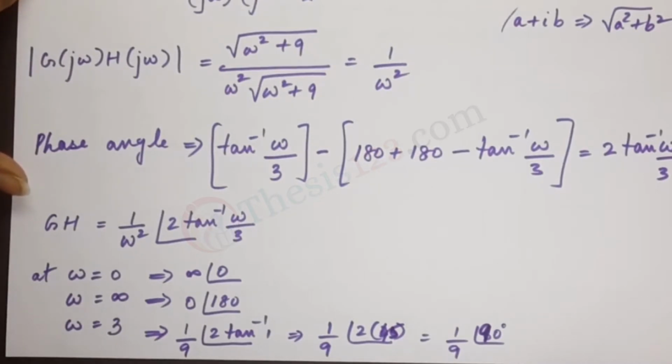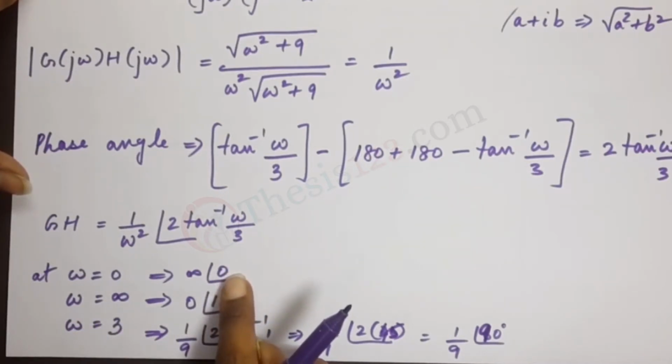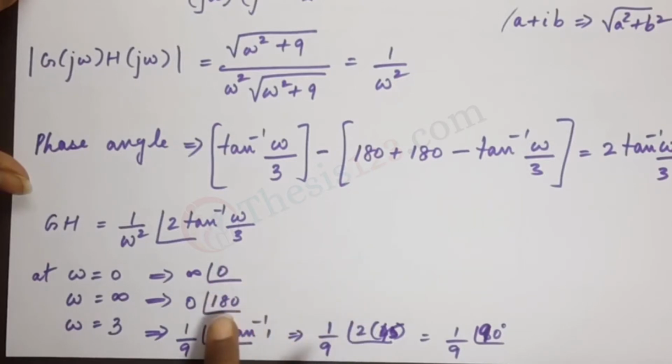Okay, so this tells us a whole lot. We have the phase angles of 0, 180 and 90. So the values of omega we have taken 0, 3 to infinity. So this tells us that the plot starts from 0 and it goes to 180 through 90.